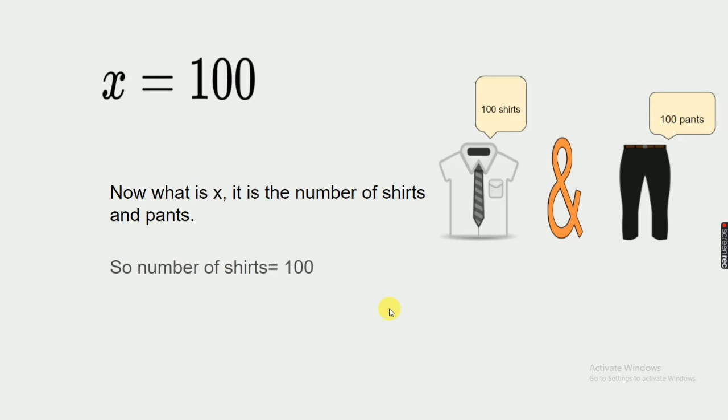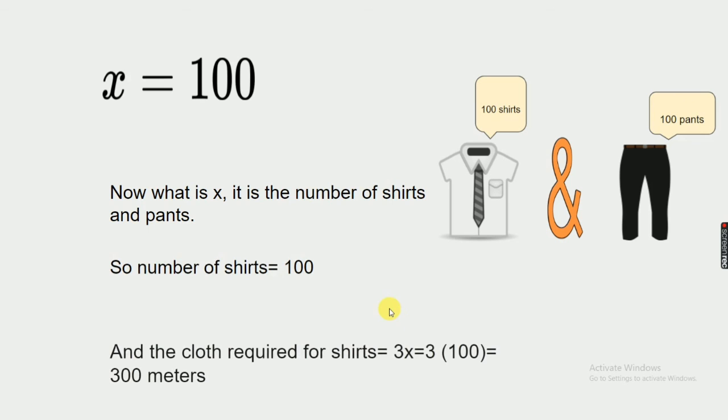Now we can easily find out the cloth required for shirts. Cloth required for one shirt was 3 meters, and cloth required for 100 shirts, 3 into 100, is equal to 300 meters.